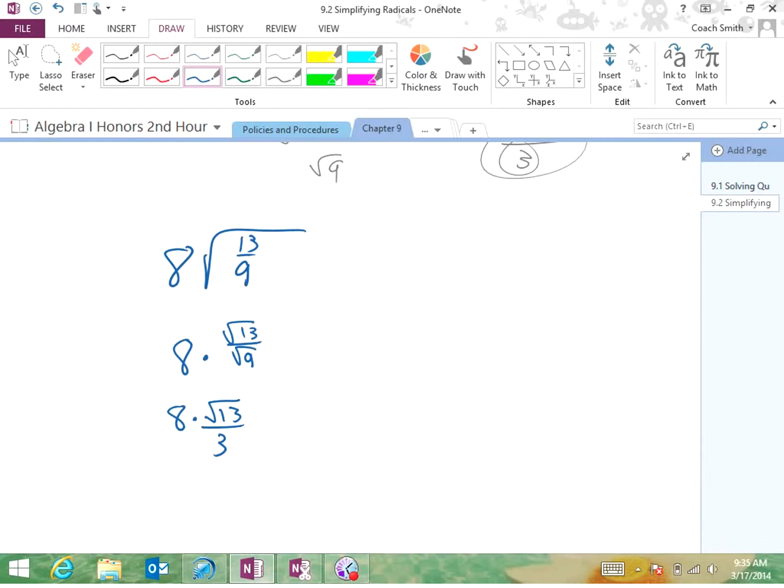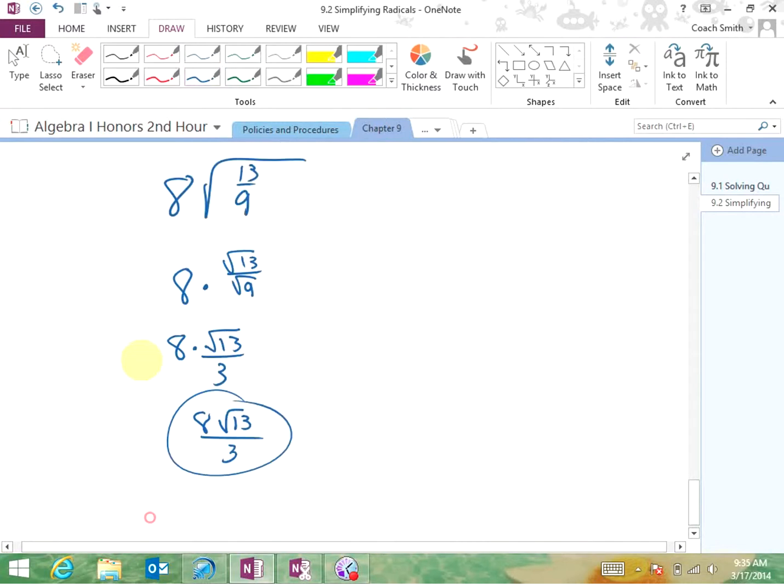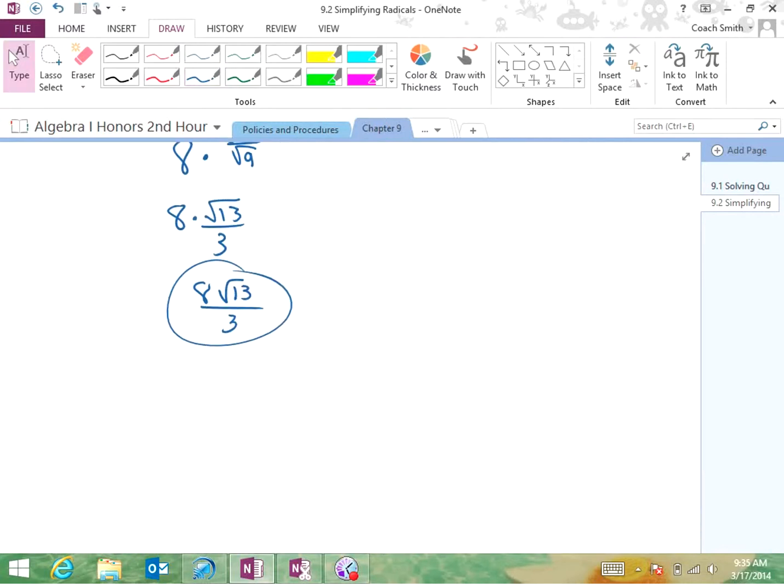Top, because it's a whole number. So that's just 8 times the square root of 13 over 3. And that's it. Because remember, this is the same thing as 8 over 1, a whole number expressed as a fraction. So that's your answer.